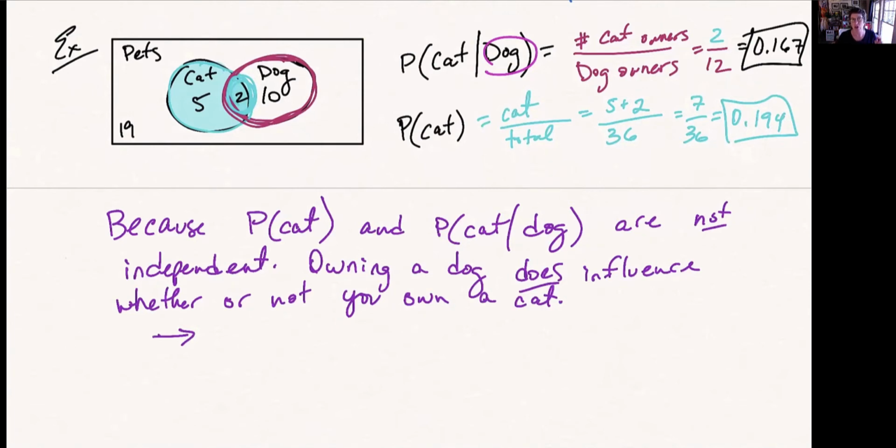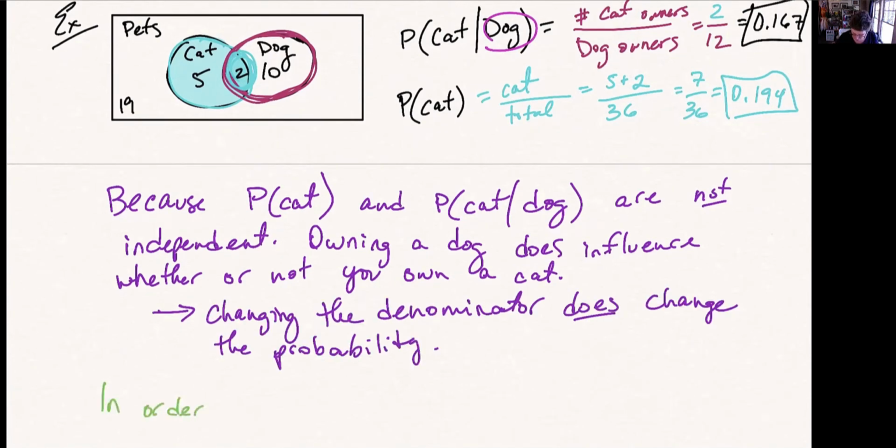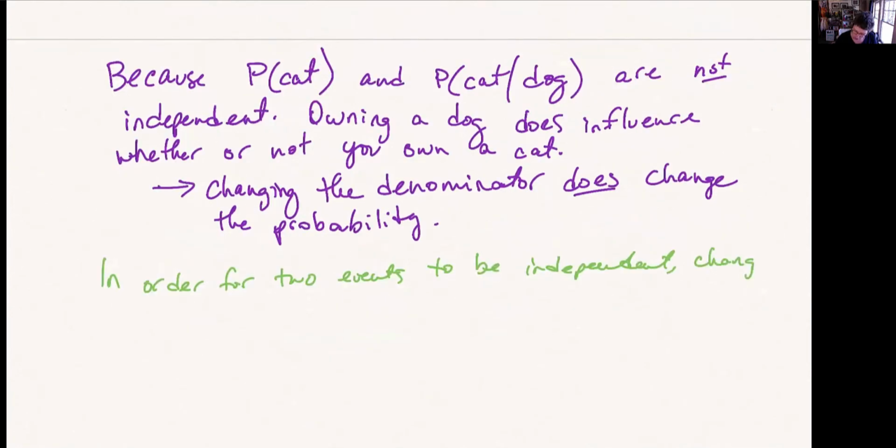If these 2 events were independent, changing the denominator would not change the probability. So let's summarize this. In order for 2 events to be independent, changing the denominator cannot change the probability, or should not.